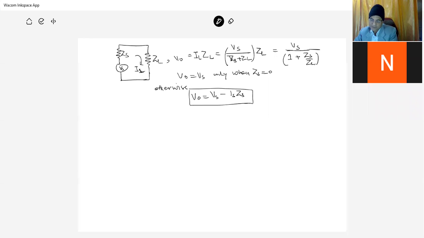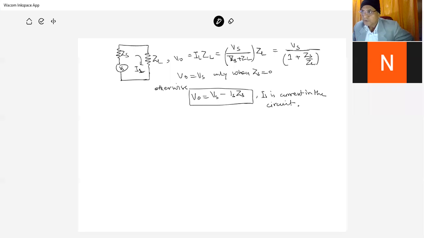If ZS is not 0, so when IS is current in the circuit. IS is current in the circuit.